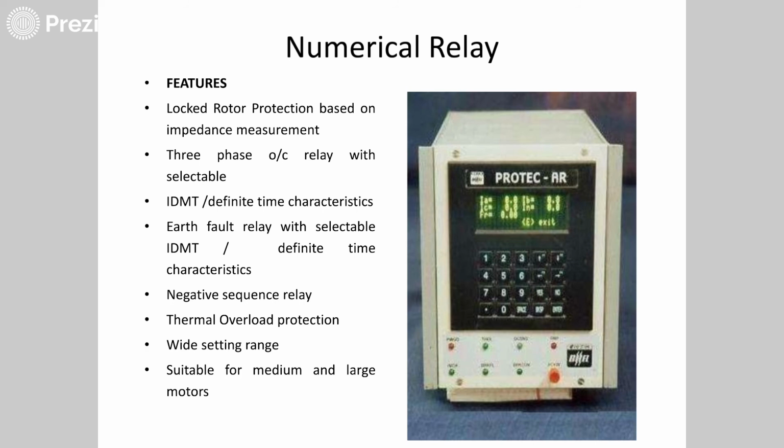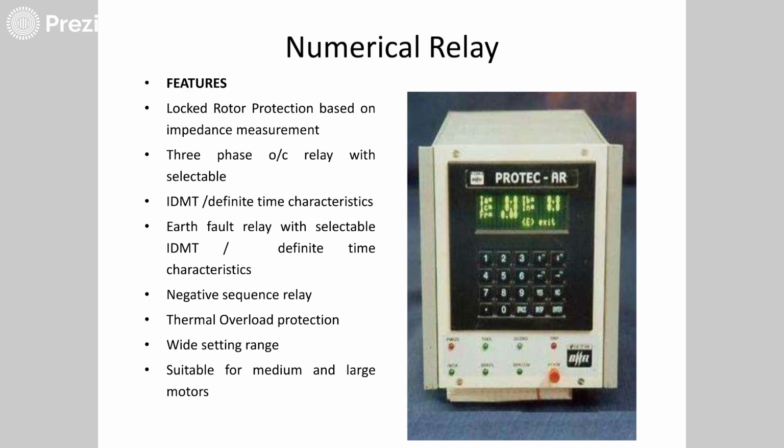Okay, and it can also be used for IDMT characteristics, that is, to find out the inverse definite minimum time required for the relay to operate. You can also study the characteristics of your relay; for fault diagnosis, characteristics can be studied in your numerical relay.